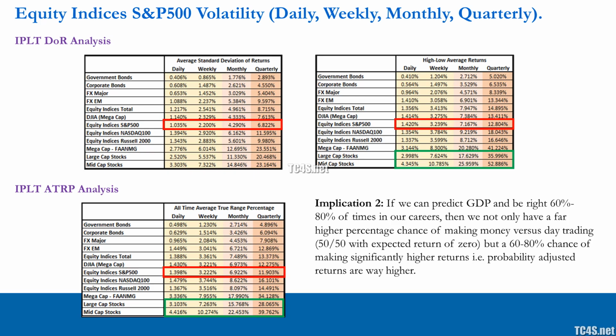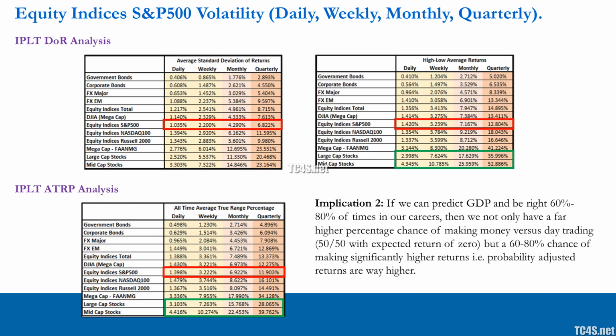So the high-low average returns for those two data sets, large cap and mid cap stocks, you can see the difference is quite vast. And you can also see this when we look at the average true range percentage analysis, the ATRP analysis, we get the same results.